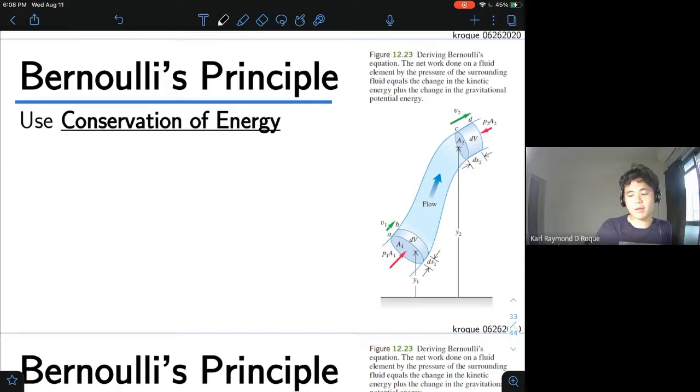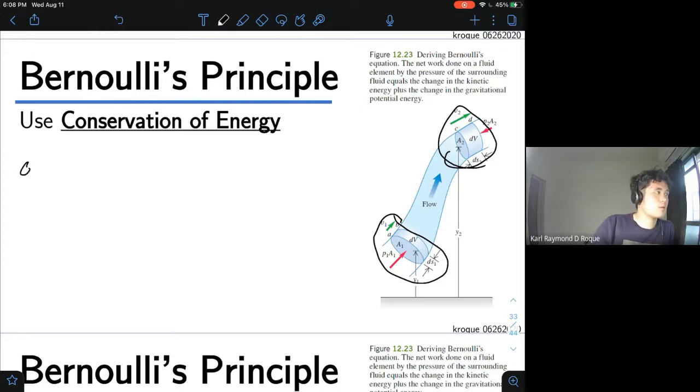Let's examine these two. As we described earlier, this length ds is v1 dt.